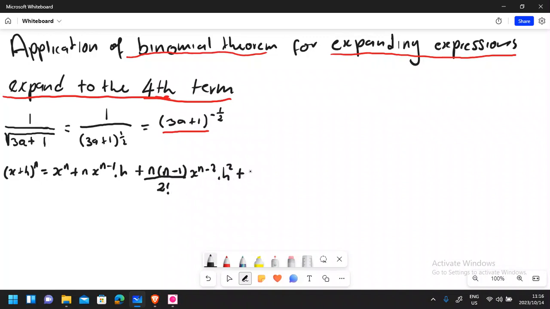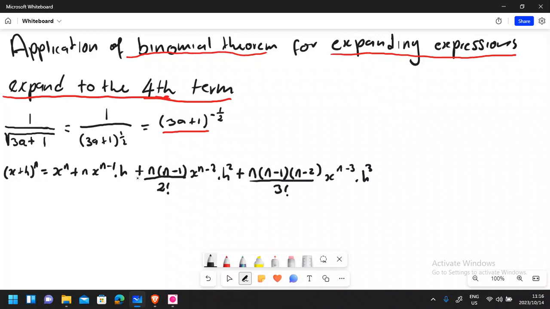Now the fourth term is n, and then we have n minus 1 and n minus 2 divided by 3 factorial multiplied by x to the power of n minus 3, h to the power of 3. So this is 4 terms: 1, 2, 3, 4.